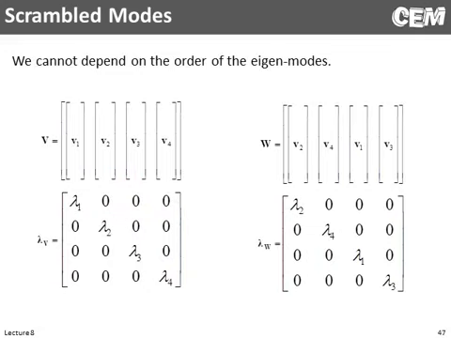And this happens in many eigenvalue solvers, that we can't depend on the modes coming to us in the order that we want. Very often there's very limited control over that. And as your inputs change a little bit, the order of the modes can jump around. So this is one problem that leads to the band crossing.